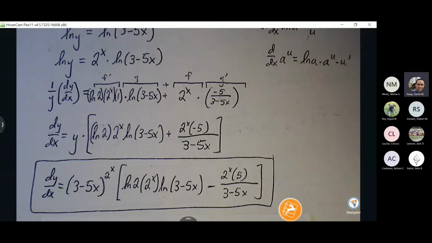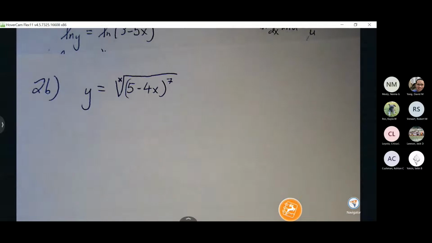Okay, why don't we do one more of these to make sure. I'm going to call this 2 part B. You may not be able to tell what's going on, but we can always rewrite the problem.